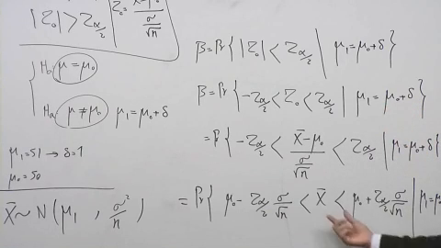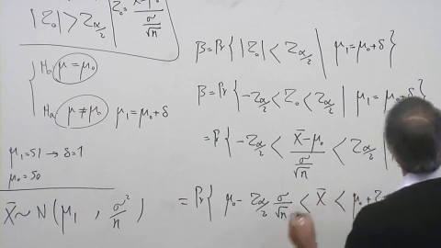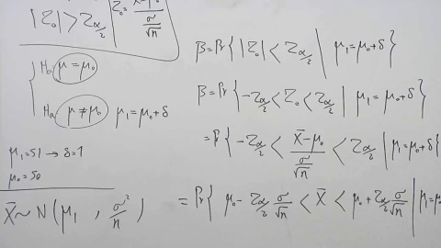So what should I do? I should subtract mu1 and divide by the standard deviation, to make this standard normal. So I continue here.